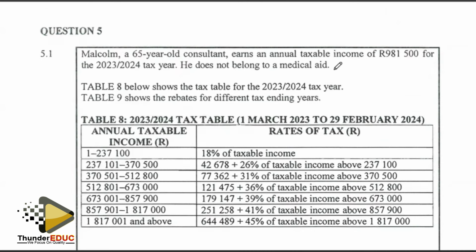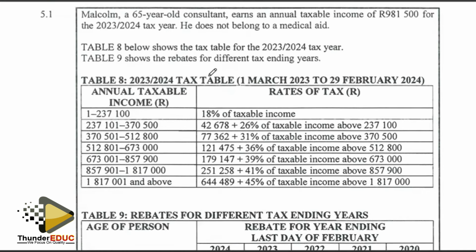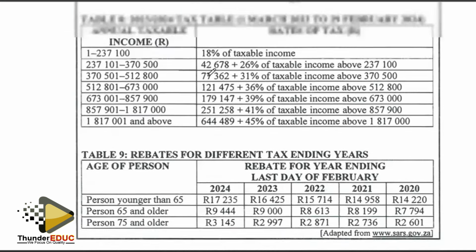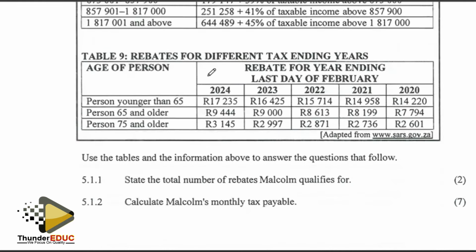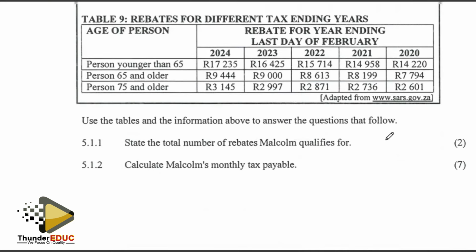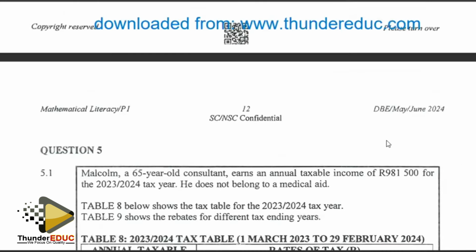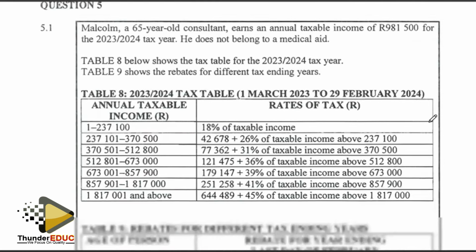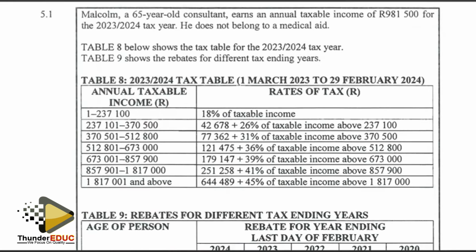He does not belong to any medical aid. Table 8 below shows the tax table, and table 9 shows the tax rebates. State the total number of rebates Malcolm qualifies for. Remember, rebates are determined by the age.